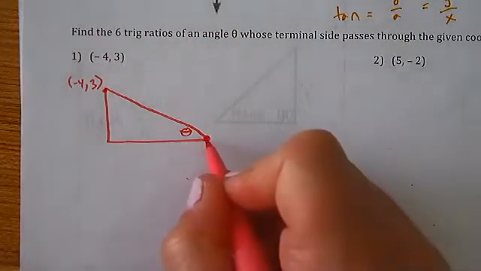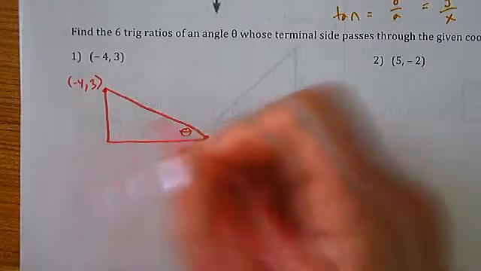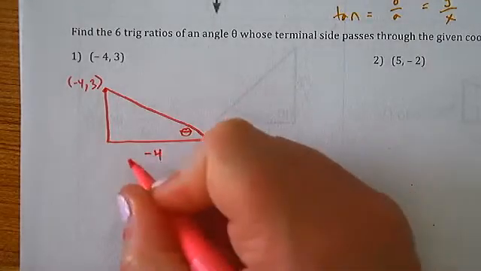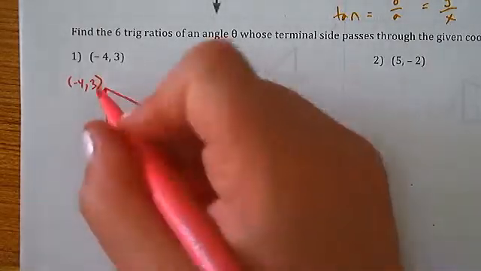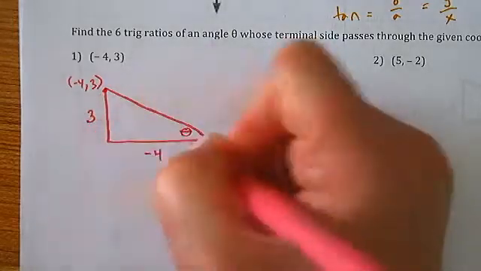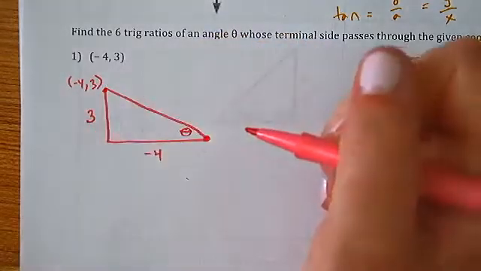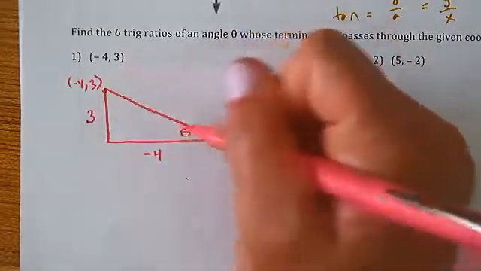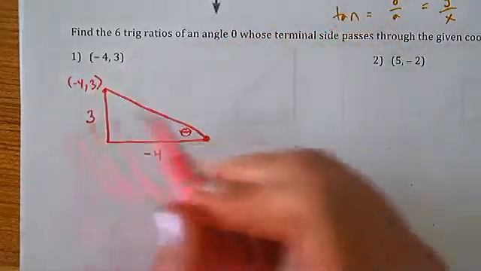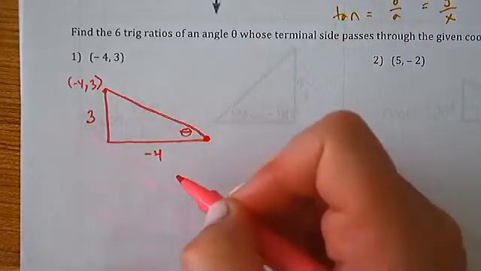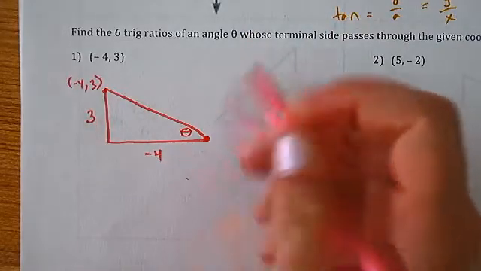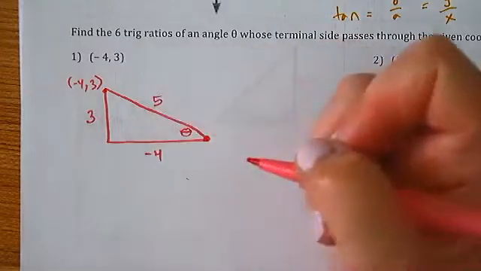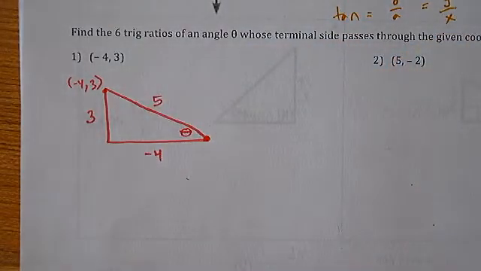So that means that this length is -4, right? This length is 3 because we went left 4 and up 3. And then if we did the Pythagorean theorem to find the missing side, the hypotenuse, 3 squared plus -4 squared, so that's 9 plus 16 is 25. The square root of 25 is 5, so this is 5. Okay?